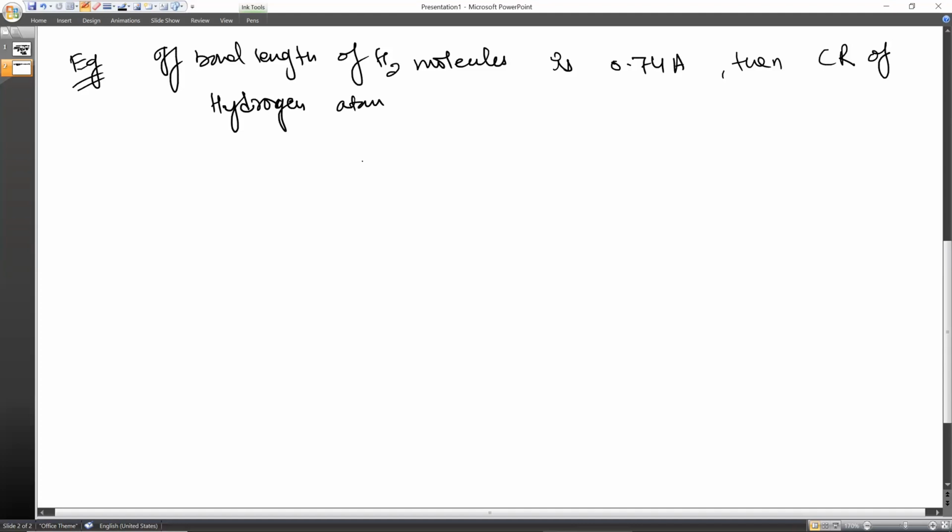The bond length between H atoms in the H2 molecule is d(H-H), which equals 0.74 angstrom.